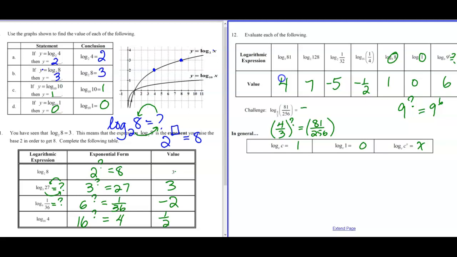So that tells me I've got to take the reciprocal, right? That exponent has to be negative. And then I know 3 to the 4th is 81. And just check, is 4 to the 4th 256? If it didn't work out, then there would be no integer value for that.